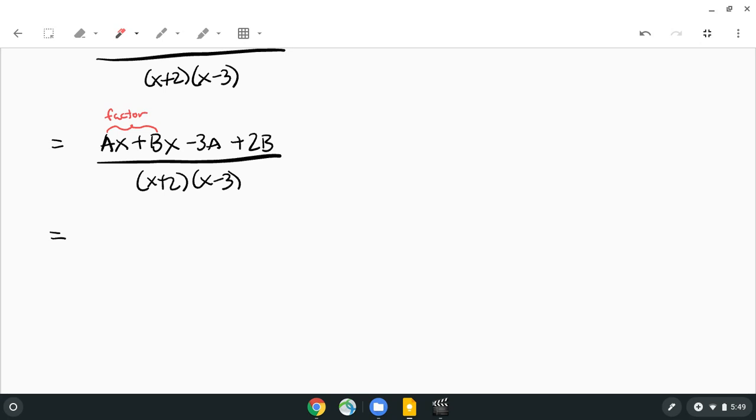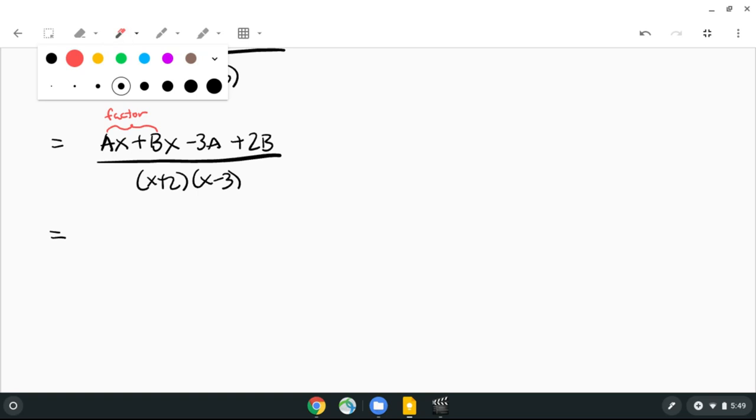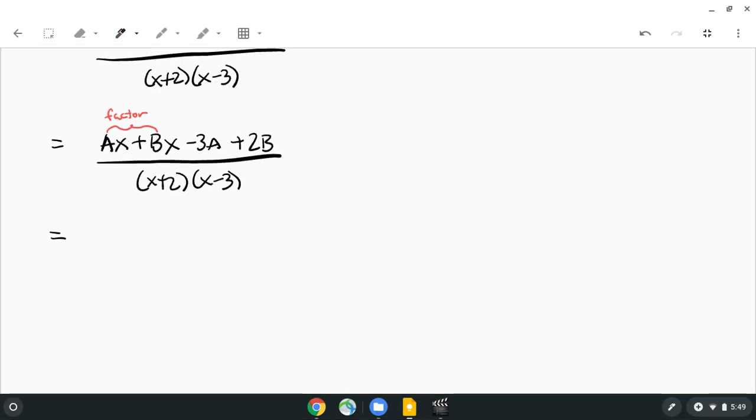So I'm going to factor out the x, but instead of putting it out in the front, I'm going to put it over here. If I distribute this, I will still get that back, ax plus bx, right? And then over here, I'm just going to group these two, negative 3a plus 2b, and you'll see why in a second.